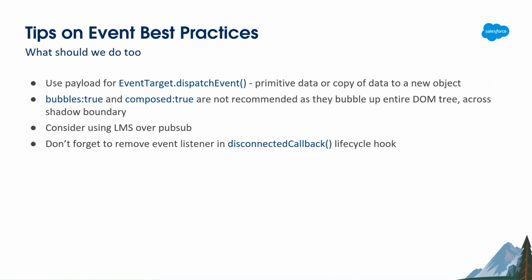What should we do? Use a payload for event target dispatchEvent: primitive data, or a copy of the data in a new object. Bubbles true and composed true are not recommended, as they bubble up the entire DOM hierarchy and across the shadow boundary. I'm giving an example from my experience: I was building a related list component.